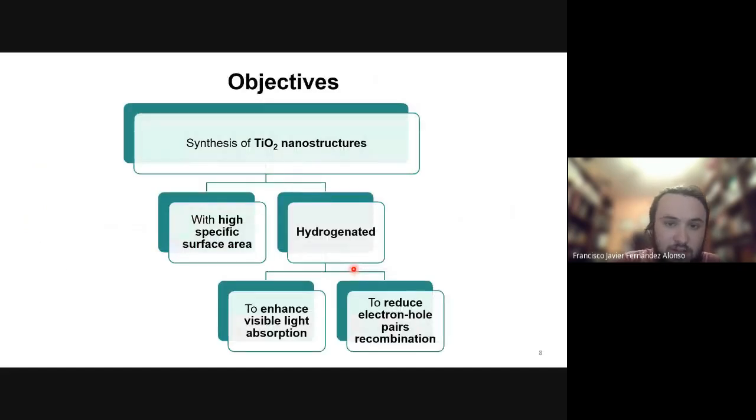So the objectives of this work were to synthesize titanium oxide nanostructures with high specific surface area, nanotubes, in order to have the greatest photocatalytic efficiency possible, and also hydrogenated. On the one hand, to try to enhance the visible light absorption and also to try to reduce electron-hole pair recombination and in this way enhance the photocatalytic efficiency.